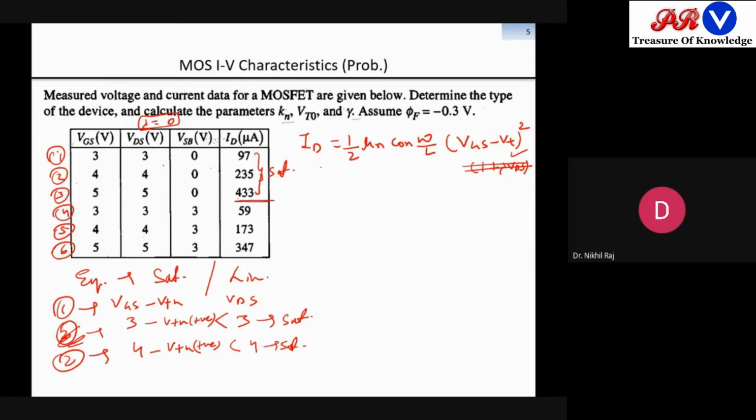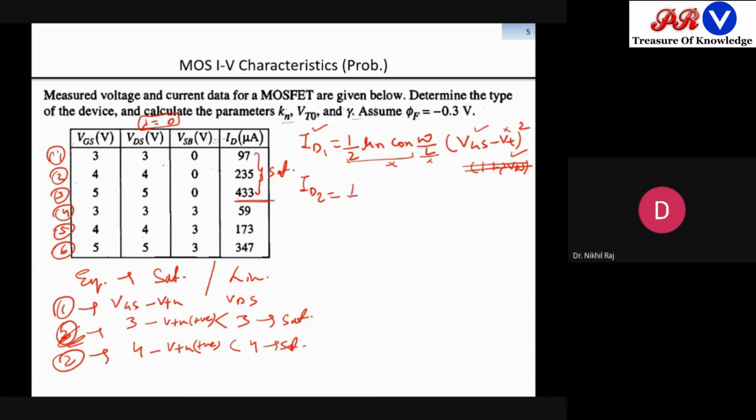Now if we want to proceed, ID is given. The complete value is not given. W by L is not given. VGS is given, VTH is not given. So one equation and so many unknowns. We cannot use only a single equation. So let's say this is ID1 and we'll write ID2.